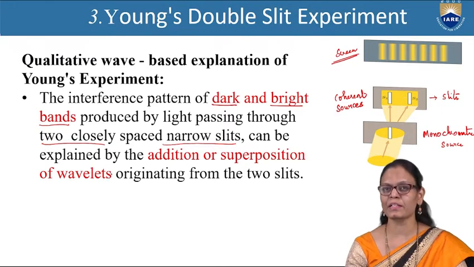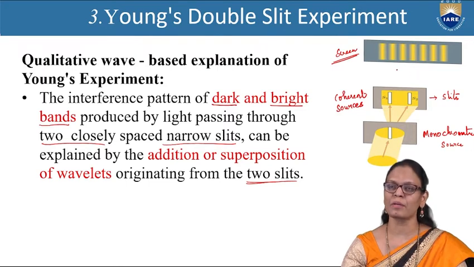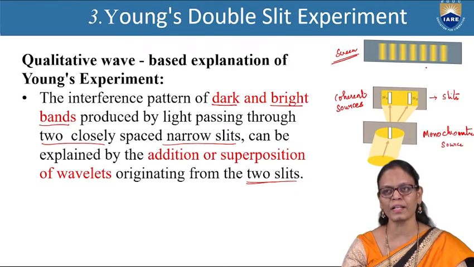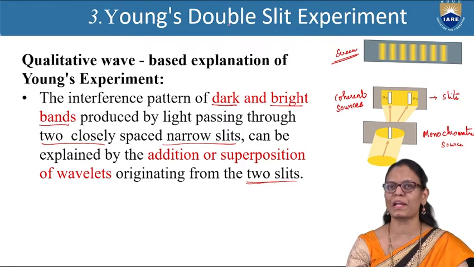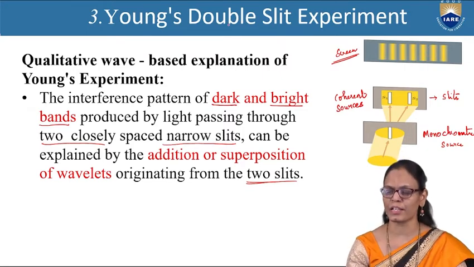It can be explained by the addition or superposition of wavelets originating from the two slits. Depending upon how they superimpose, we have constructive and destructive interference, which gives rise to bright and dark bands. This is what was explained by Young's double slit experiment.